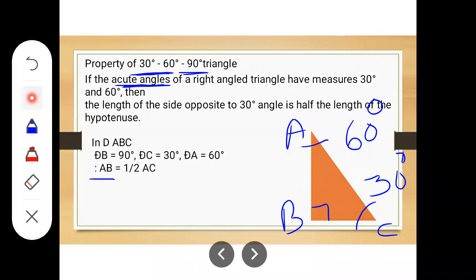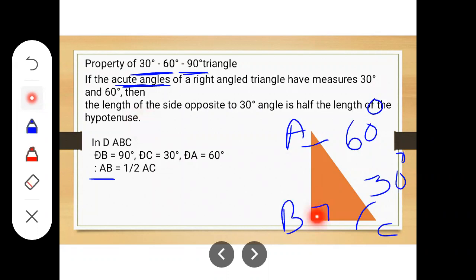Then the further statement is half the length of the hypotenuse. Is means equal, so here the equal sign. Equal to half, okay, so half means 1/2. Whose half? The length of the hypotenuse. Now, which is the hypotenuse? As we know, the side opposite to 90 degrees.